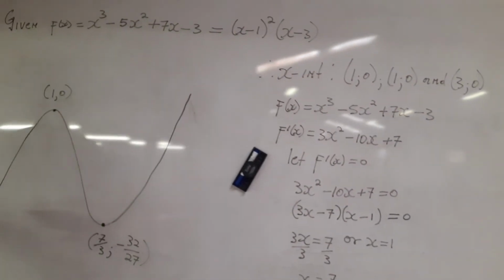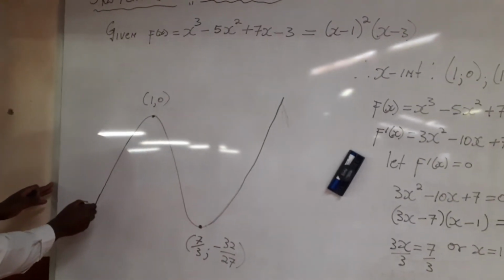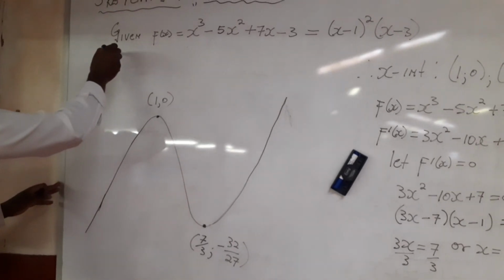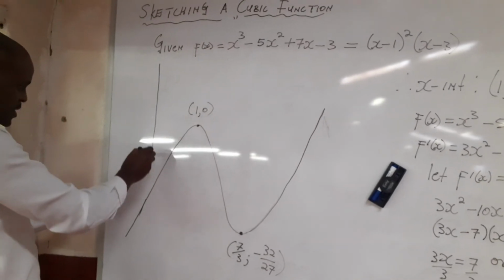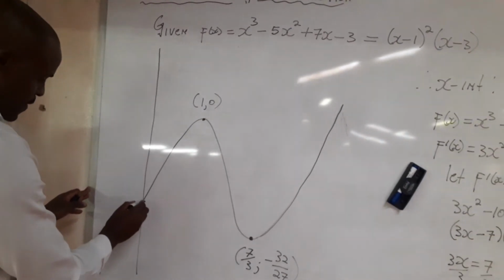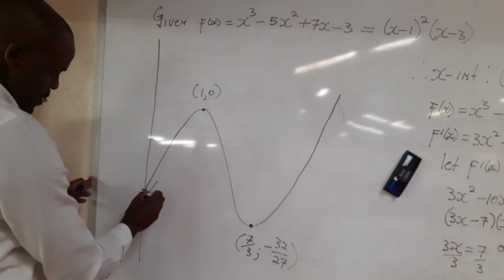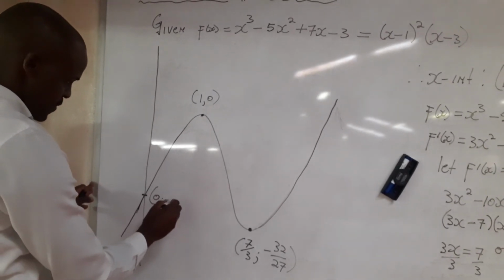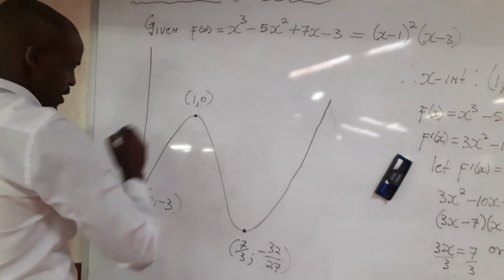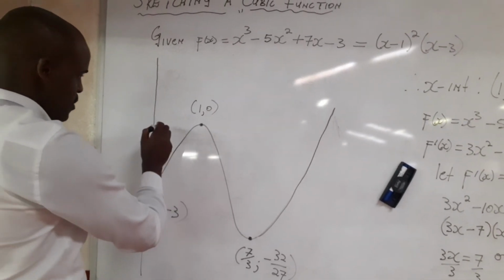The y-intercept is negative 3, that is (0, negative 3). So, here we have the turning point (1, 0).